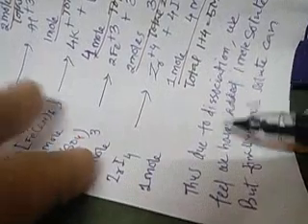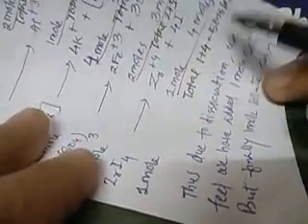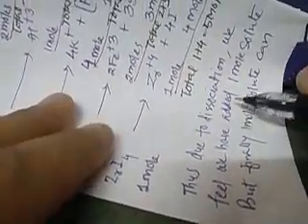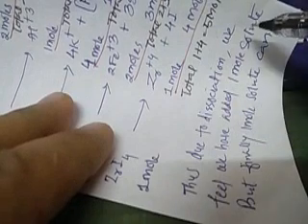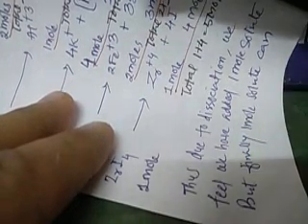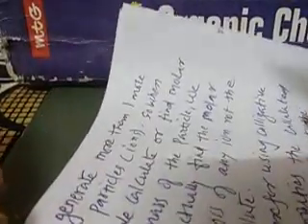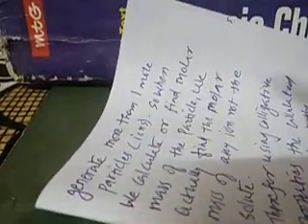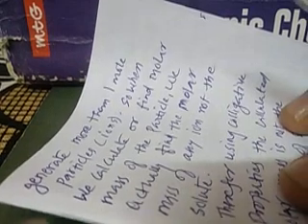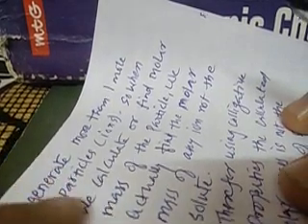My dear students, by discussing all these things, I just want to tell you that due to dissociation, we get more particles from 1 mole of solute. So what we simply understand is that the solute generates more than 1 mole of particles or ions.